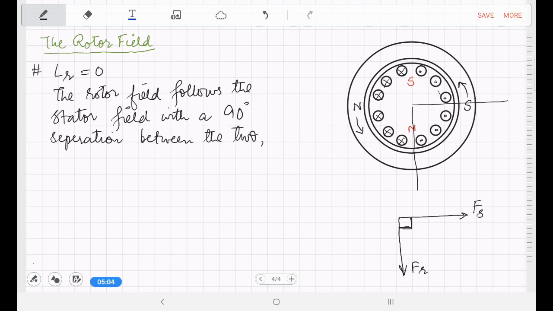And one more thing you can see is that the rotor field will be lagging the stator field.